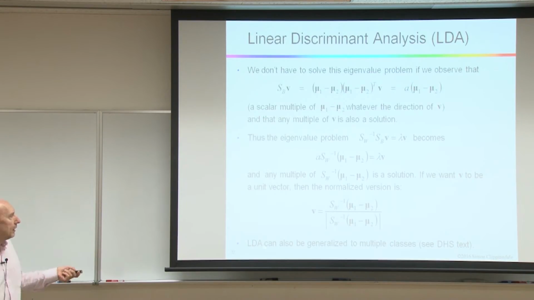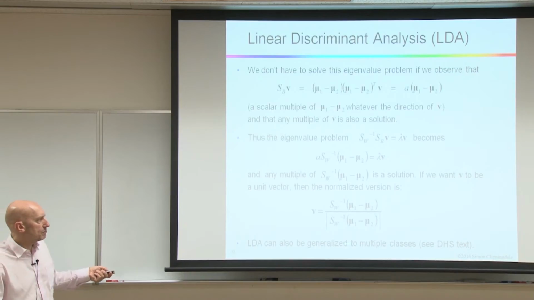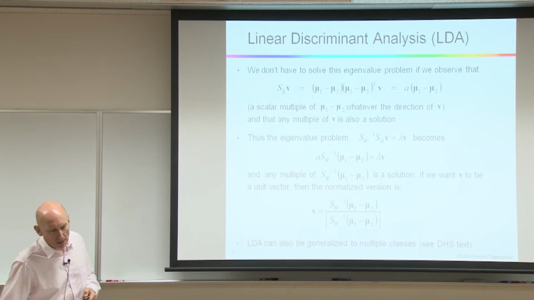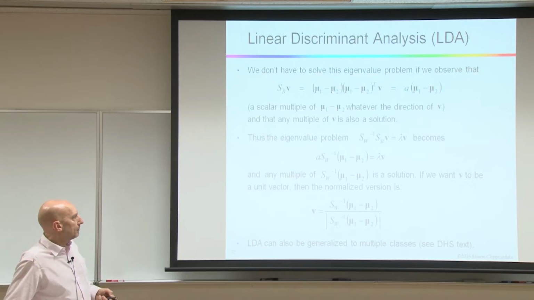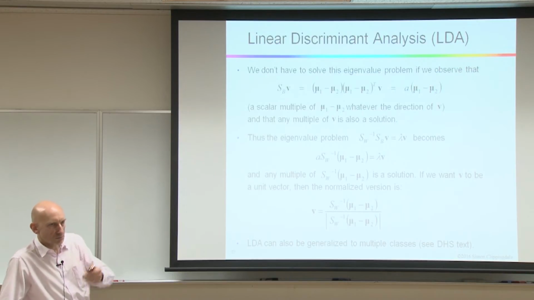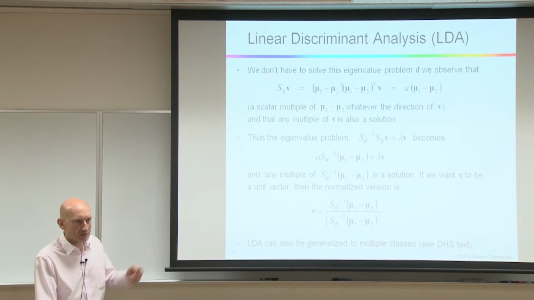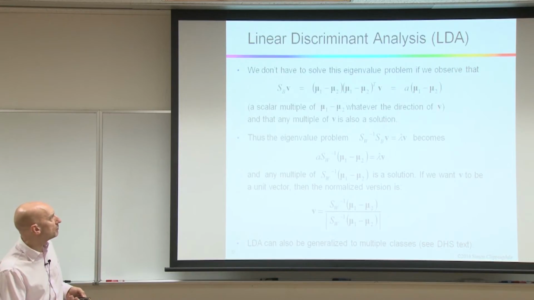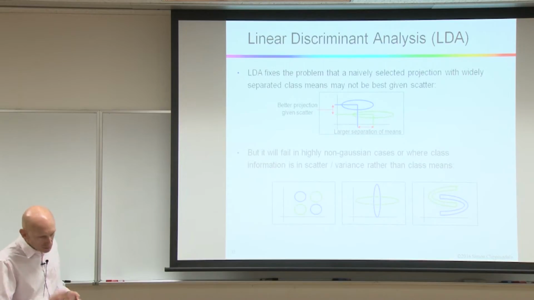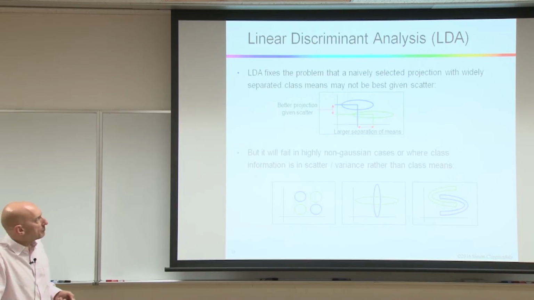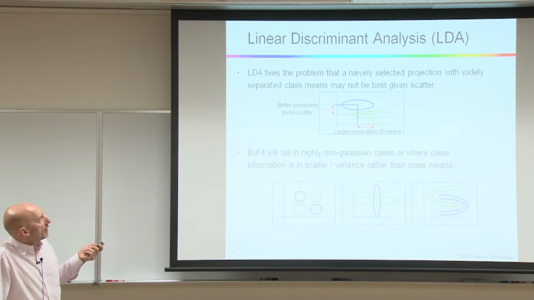Okay, so LDA can also be generalized to multiple classes instead of just two, and as you said, it can be generalized to 2 dimensions or more, so long as it's less than the dimensions of the input space. So it fixes the problem that a naively selected projection with widely separated class means may not be best.